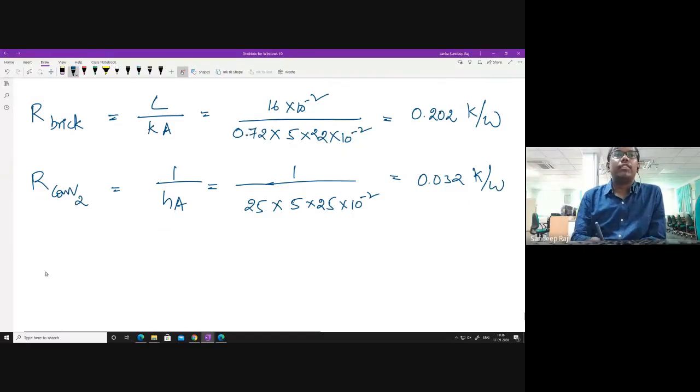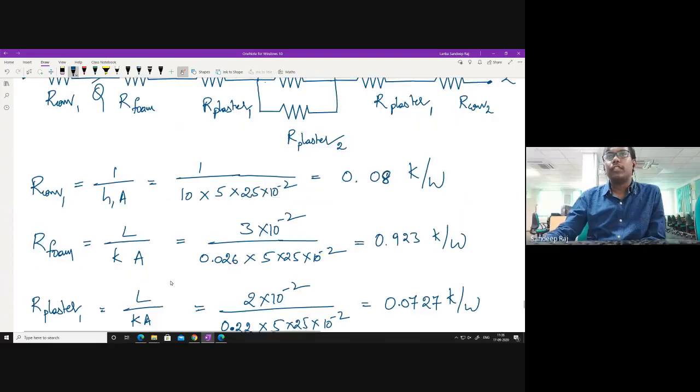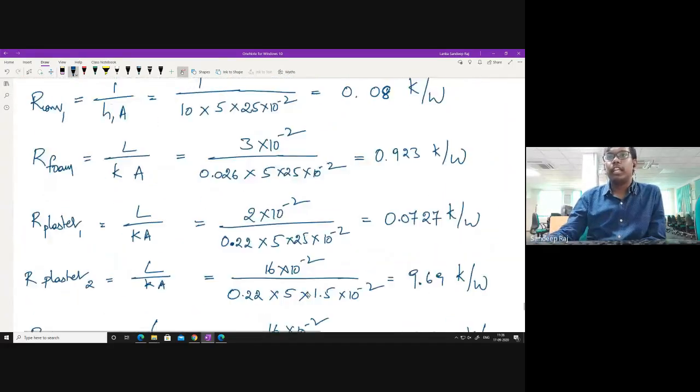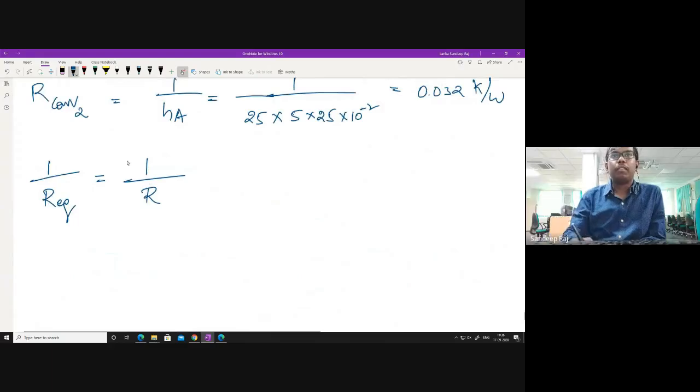Right. What you need here is something called R equivalent. You need R equivalent for resistances that are in parallel. So for those resistances, you have to calculate R cluster 2 times and R brick. So 1 by R brick plus 1 by R cluster 2.